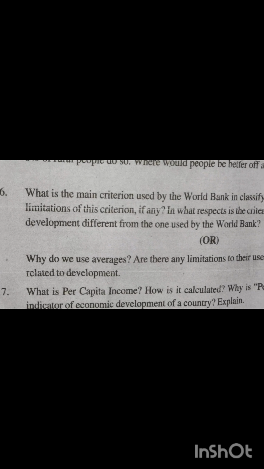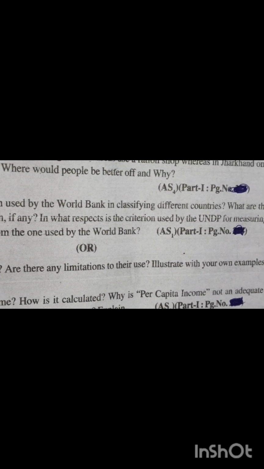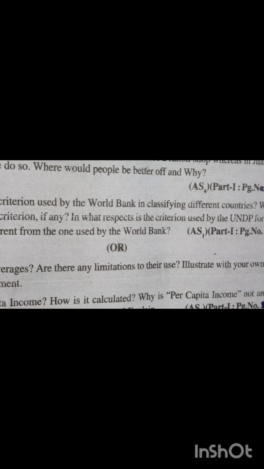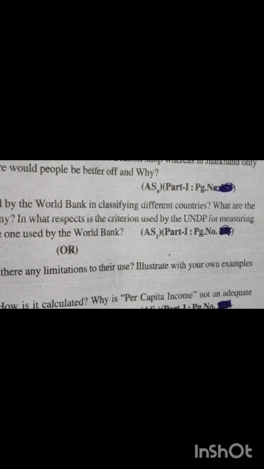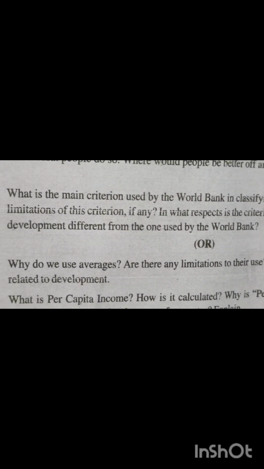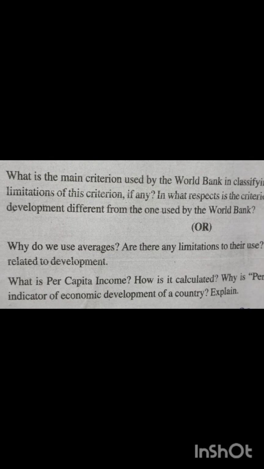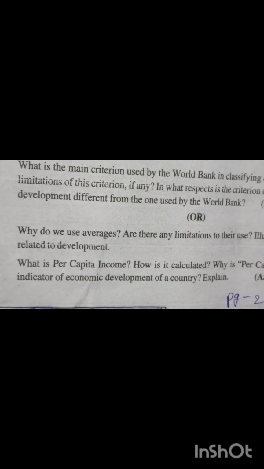Sixth one. What is the main criterion used by the World Bank in classifying different countries? What are the limitations of this criterion, if any? In what respect is the criterion used by the UNDP for measuring development different from the one used by the World Bank?